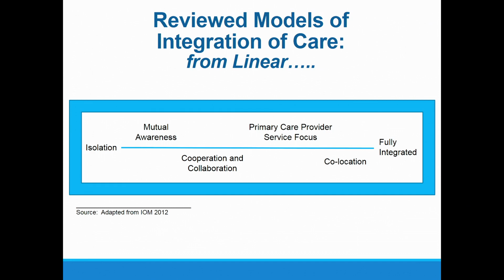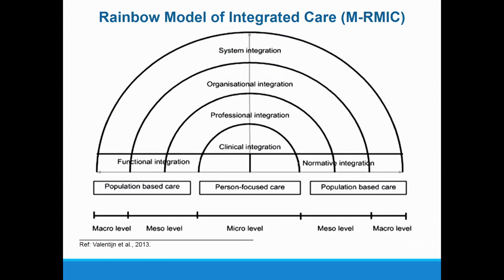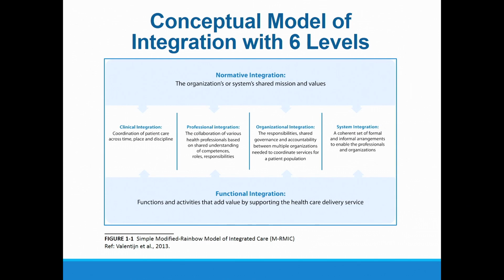We started out with the linear framework for integration from the IOM, and then we moved to the rainbow model of integration that highlighted 6 levels: if you look along the bottom, functional integration and normative integration, and then 4 levels from clinical integration up to system integration. So there are 6 levels at which integration can take place within an organization, and I'll explain the different levels as we move along.